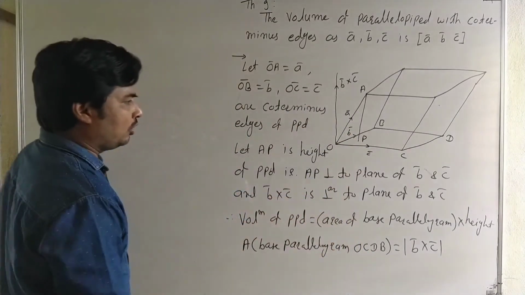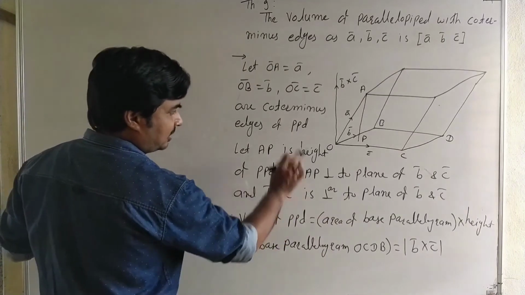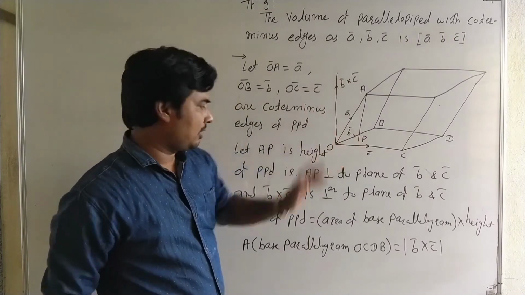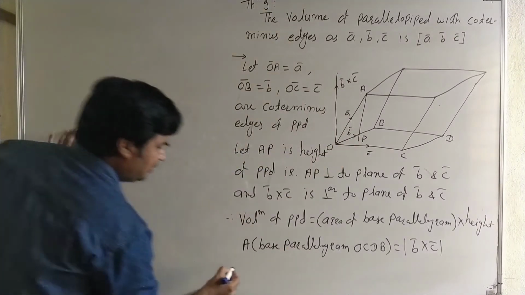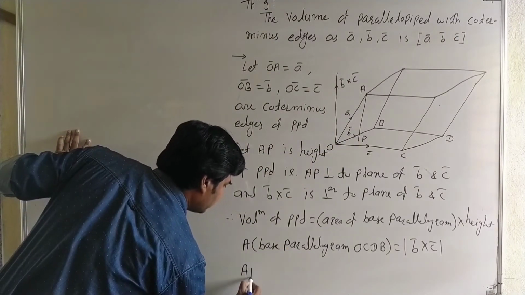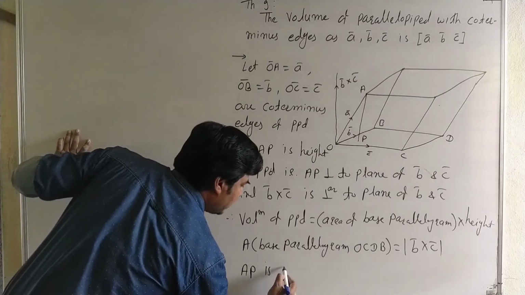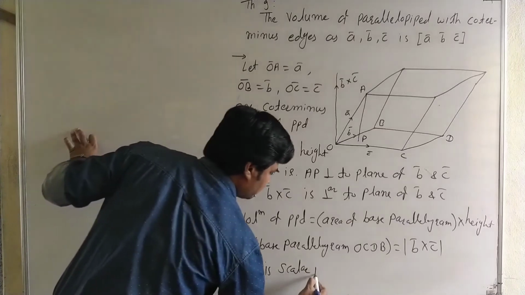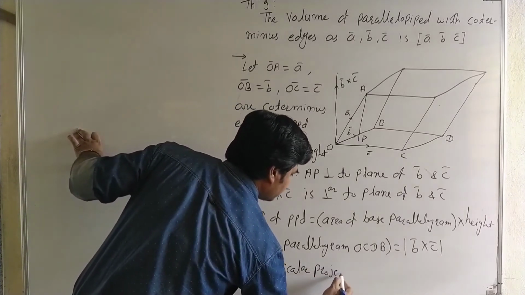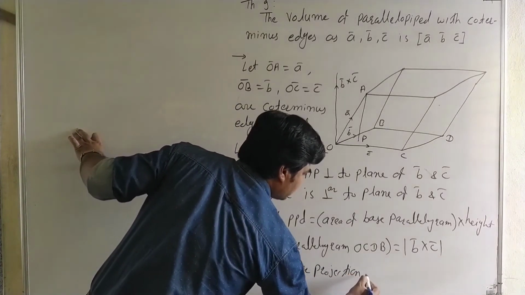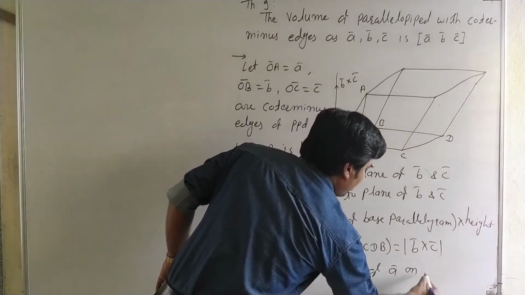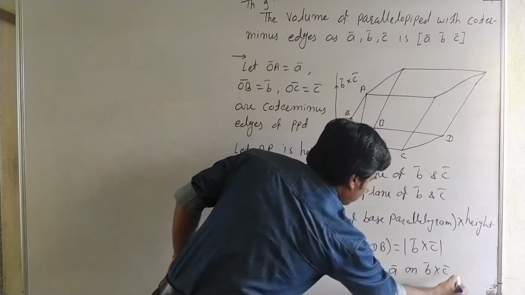Now we want to find the height. Height is AP. AP is the height of the parallelepiped. Now AP is the scalar projection of A bar on B bar cross C bar.